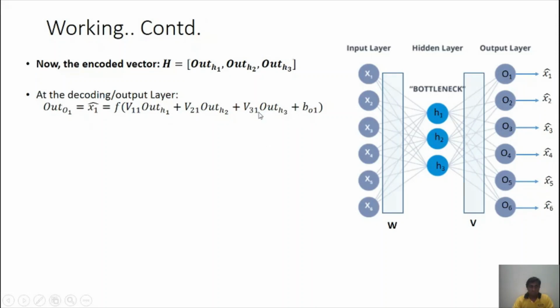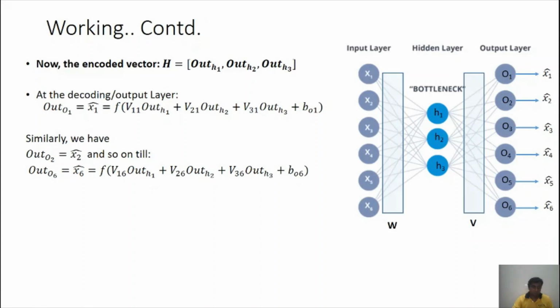V11 is the weight from hidden layer 1 to output neuron 1, and multiply it with output of hidden neuron 1 to create this input to the output neuron 1. Similarly, you have the inputs coming from the other two also. That is why you have a total of 3 terms plus a bias term, obviously. And this is passed through an activation function to yield the output.